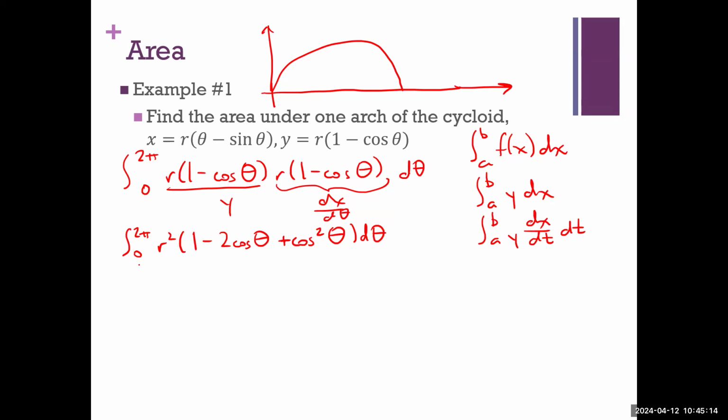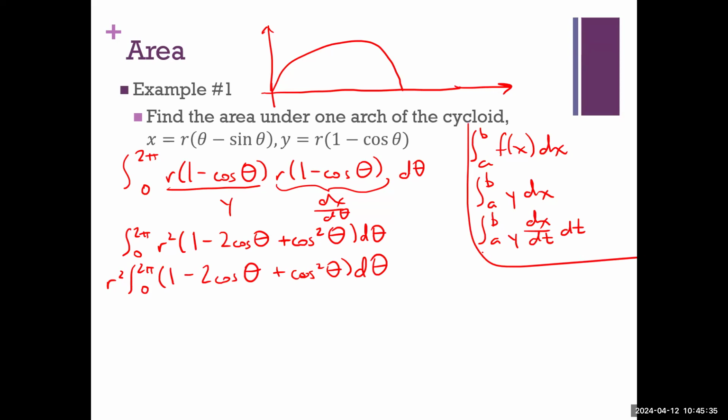What's that? Absolutely. Right, so the one we can integrate directly. 2 cosine theta we can integrate directly. Cosine squared theta, we got to do a little bit of manipulation too. We've done this before, but it's been a while. Do you remember how we turn that into something we can integrate?